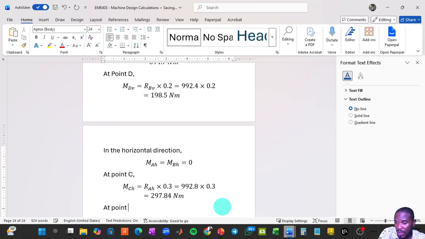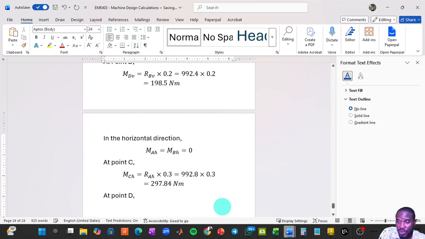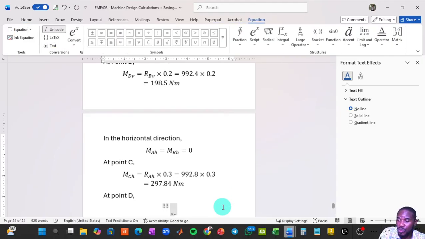And at point B, we're just going to use the same principle. The bending moment at point D in the horizontal direction is the reaction force at point B, this time in the horizontal direction, times 0.2.